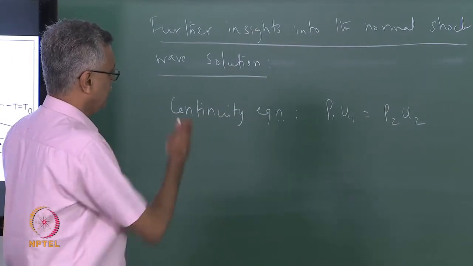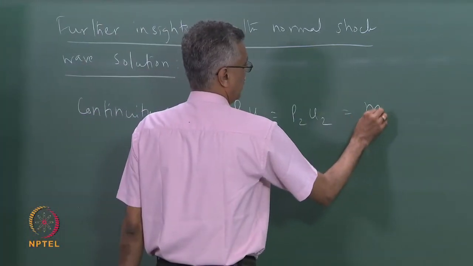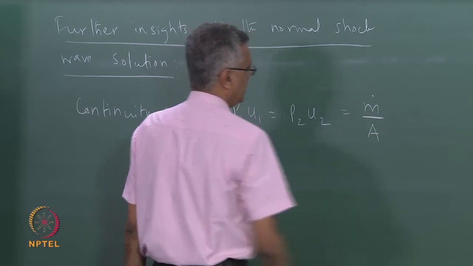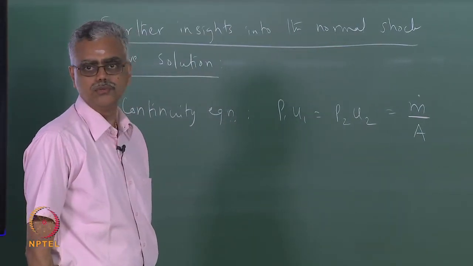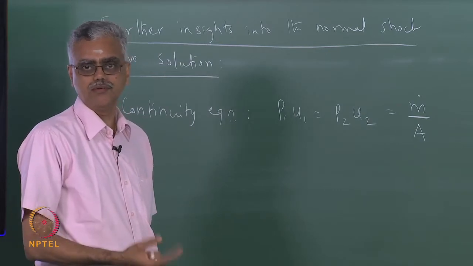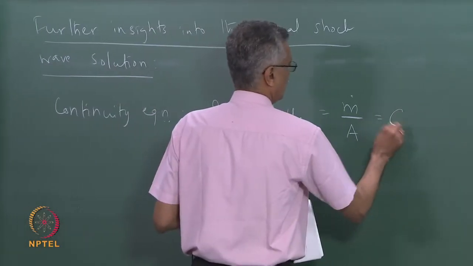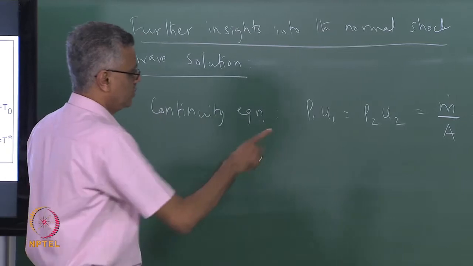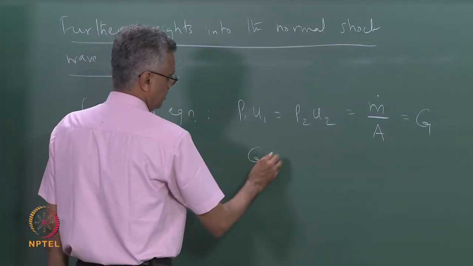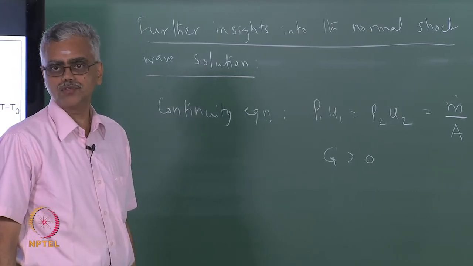And in fact, I can write this as a mass flow rate, m dot, divided by some area A. Rho 1 u1 is equal to rho 2 u2, which can be written as a mass flow rate divided by area of cross section, and I am going to denote this quantity as G. Notice here that G is always a positive quantity because we are saying it is mass flow rate divided by a cross sectional area.